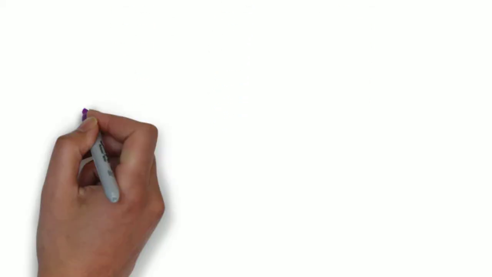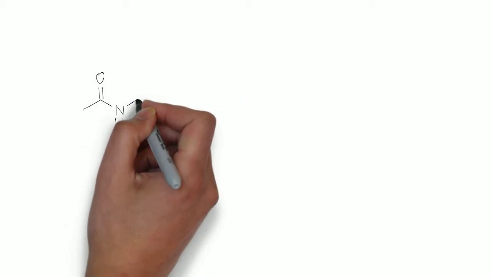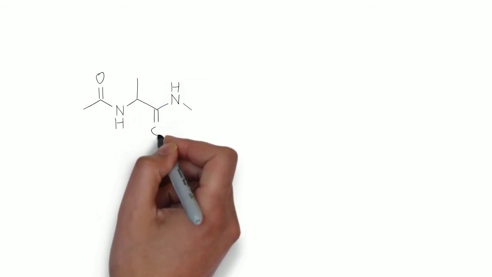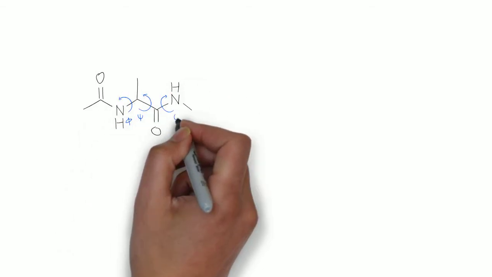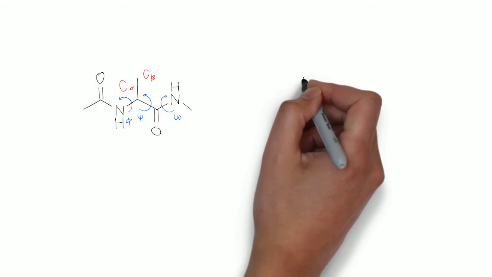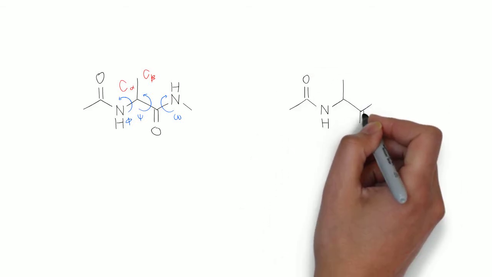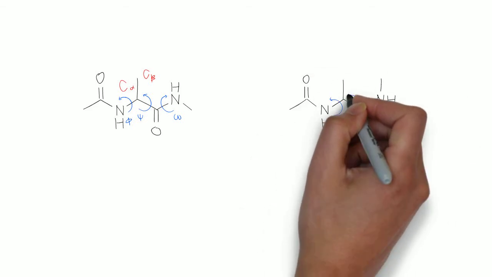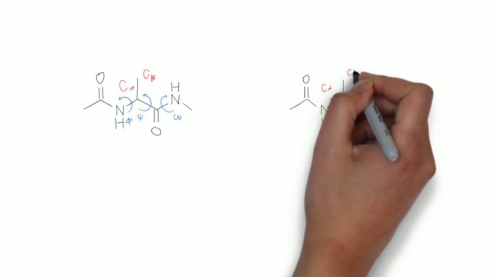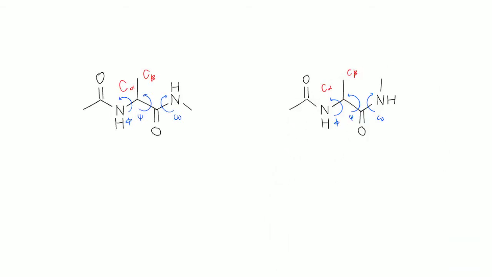Within each amino acid of a peptide or a protein, there are certain terms that we use to describe the dihedral angles. Phi denotes the angle between the NH and the C-alpha substituent. Psi denotes the angle between the C-alpha and the CO. And omega denotes the angle between the CO and the NH.